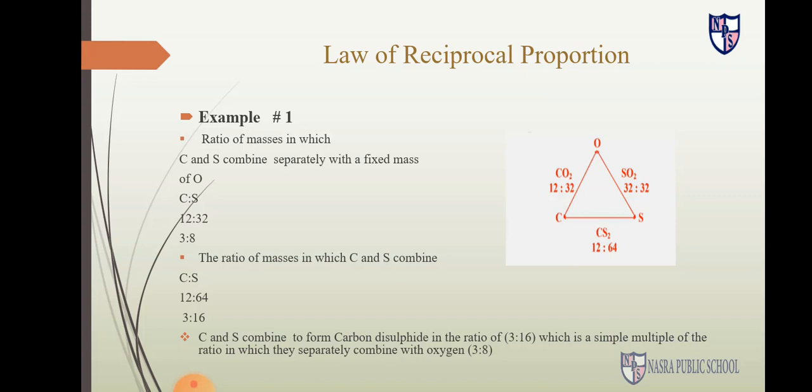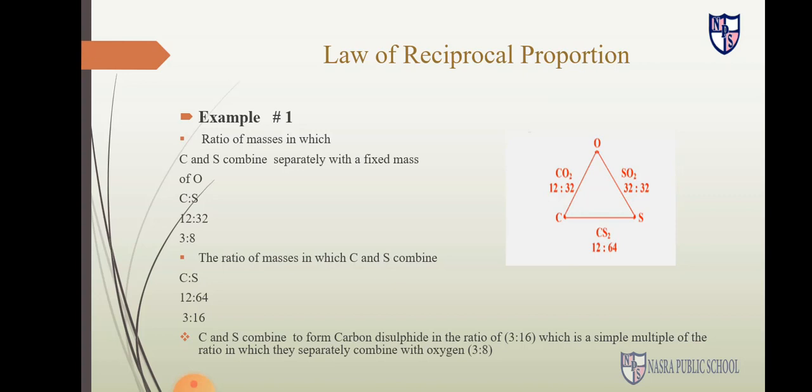So carbon and sulfur combine to form carbon disulfide in the ratio of 3:16, and this ratio is simple multiple of the ratio in which they, carbon and sulfur, separately combine with oxygen, which is 3:8. So 3:16 is multiple of 3:8. 16 is the multiple of 8.